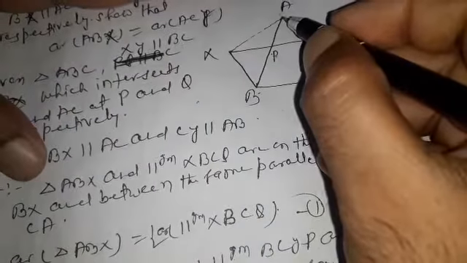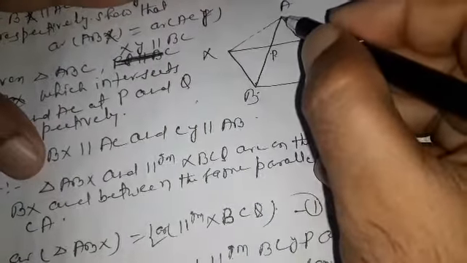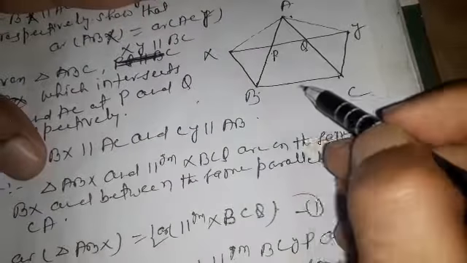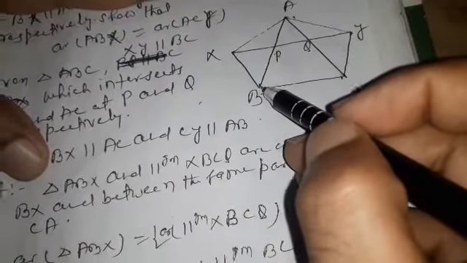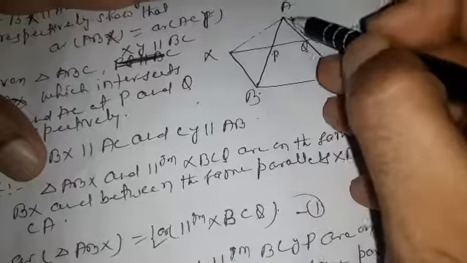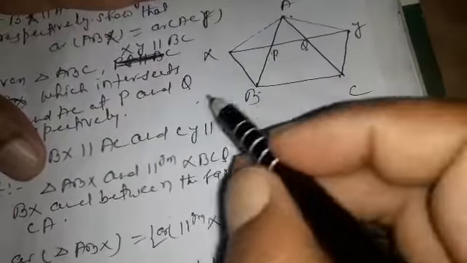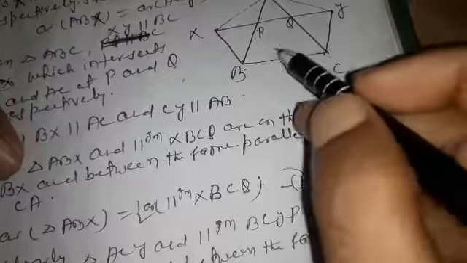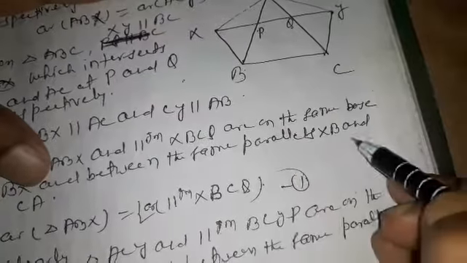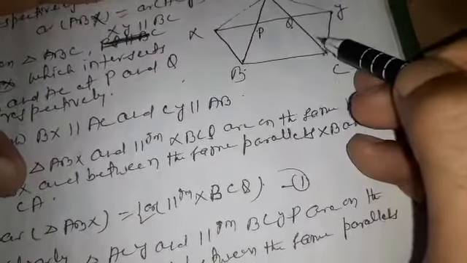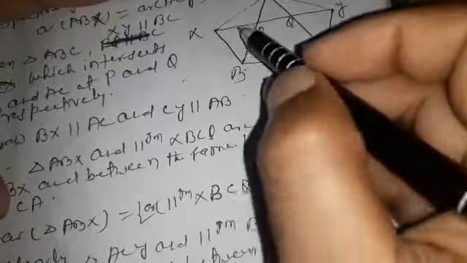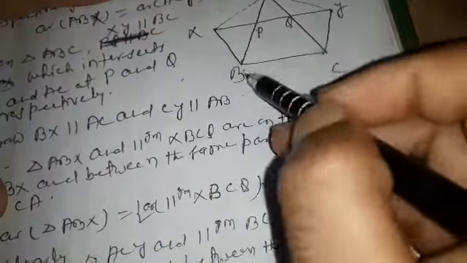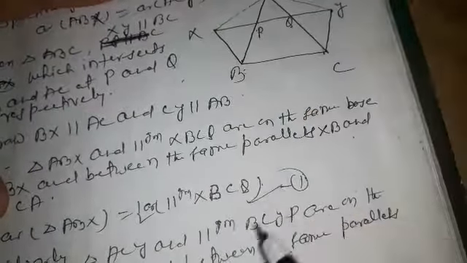Now triangle ABX and parallelogram XBCQ are on the same base BX and between the same parallels XB and AC. So the area of triangle ABX is half the area of parallelogram XBCQ.